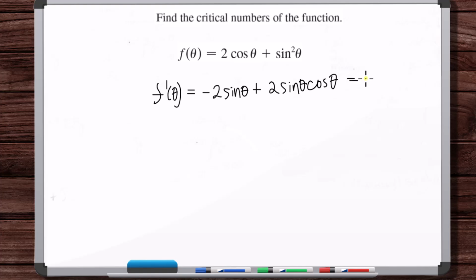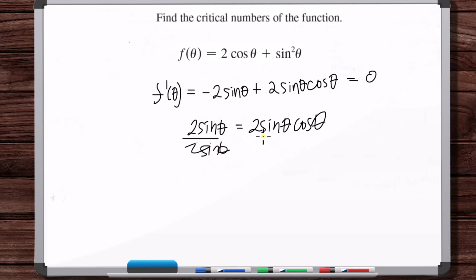Okay, now let's set this equal to 0. So you've got 2 sine theta is equal to 2 sine theta cosine theta. So we divide both sides by 2 sine theta. You get cosine theta is equal to 1.